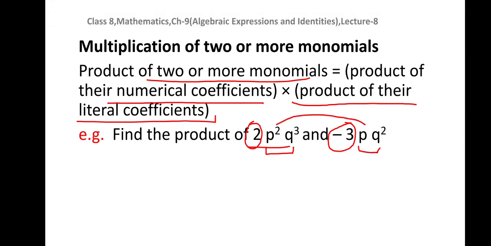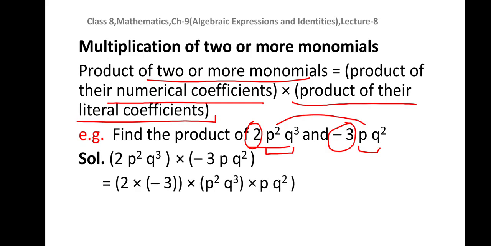So, the steps will be: I need to take the product of these two monomials, so I have written a multiplication sign in between. Then, as I discussed, I take the product of numerical coefficients and the product of literal coefficients.